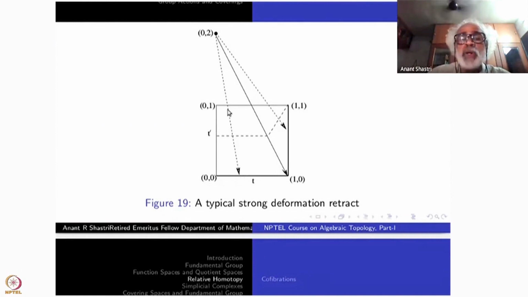At t equal to 0, it should be this point. At t equal to 1, it should be that. You have to write, in a continuous way, one formula up to here, and from here to this point. Can you write down the coordinates of this point? What is this point? This point is the intersection of this horizontal line here and the line joining 0, 2 to 1, 0. So you can write it down. It's just plain coordinate geometry.